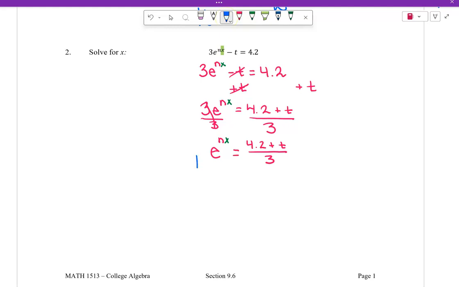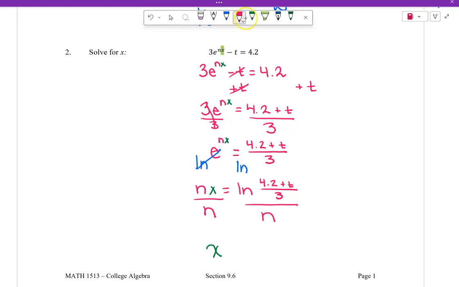Now the e can be natural logged so that those cancel. So we're going to have nx equals natural log of 4.2 plus t divided by 3. And then for our last step, we're going to divide by n.